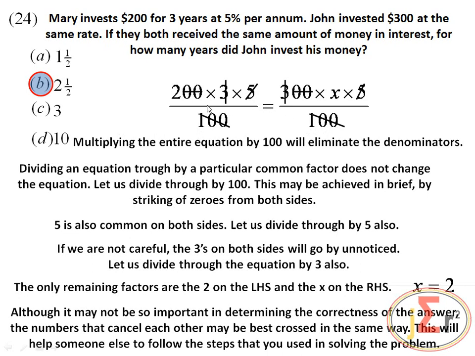But if we need to do this on an essay type paper, then it would be a good thing to cross in the same manner the ones that cancel each other. So it is going to be plain to see which will cancel with which, so that someone may be able to follow the steps that we use in solving the problem better.